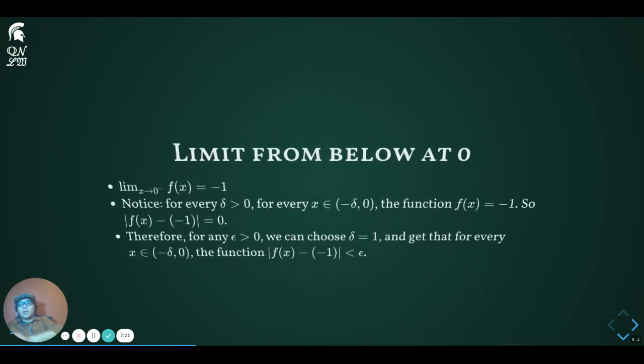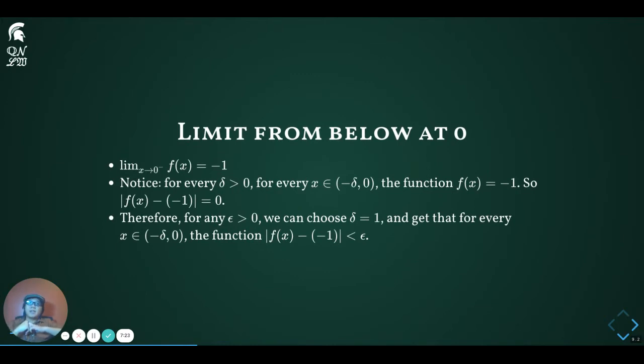For computing a limit from below at 0, I claim that this limit is minus 1. We can notice that regardless of what positive delta I take, for every x in the interval minus delta to 0, this is the interval of numbers just below 0, we see the function f of x is identically minus 1.